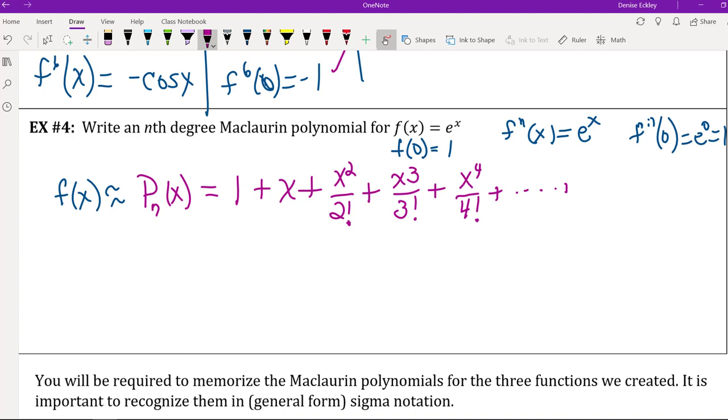So this one is the simplest of these three transcendental functions. Then we have x to the n over n factorial. So if you've ever looked up a way to express e to the x, here's where it comes from. You might have seen this online or somewhere. That formula there is the Maclaurin or Taylor polynomial for e to the x.